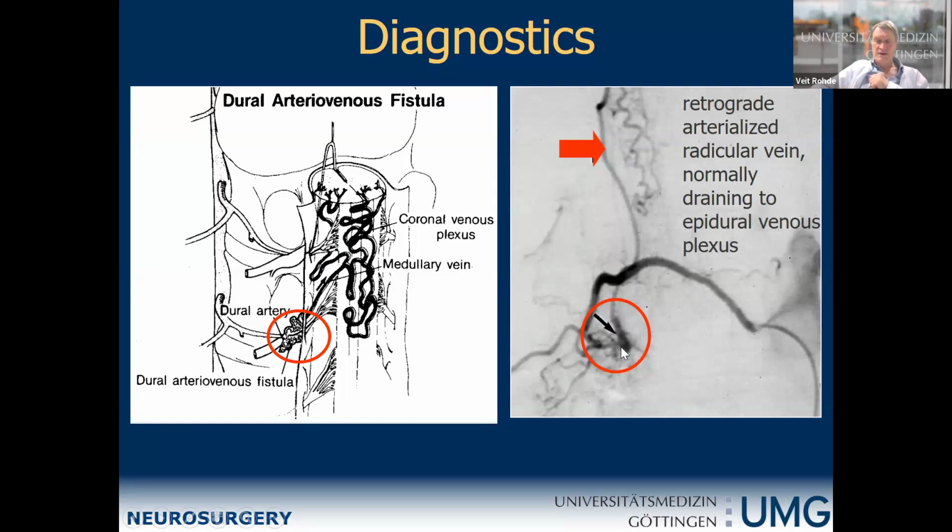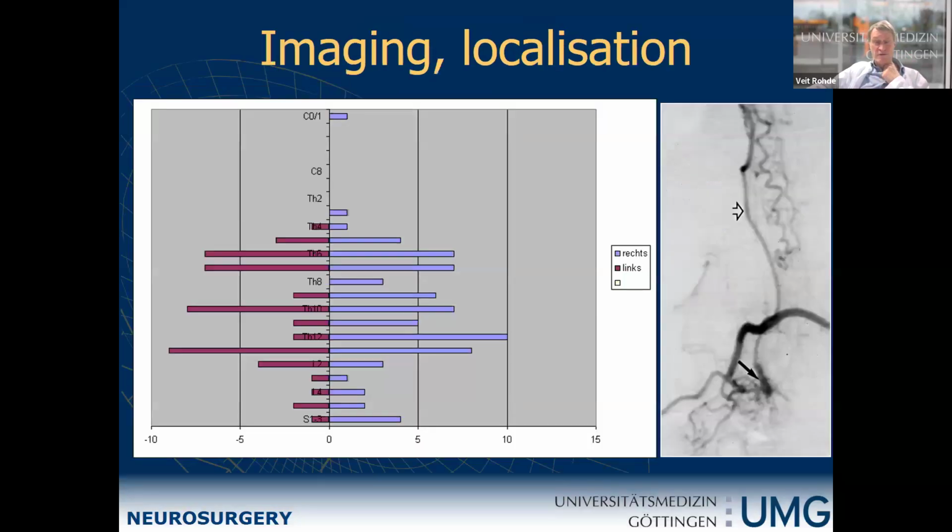Here is the fistula point at the dura, and this is the arterialized vein, which is on the surface of the spinal cord. You also have to perform angiography to rule out rarer vascular spinal diseases such as AVM, as Marco just has shown you, or also the perimedullary fistula. So still today, angiography is necessary to diagnose spinal dural AV fistulas.